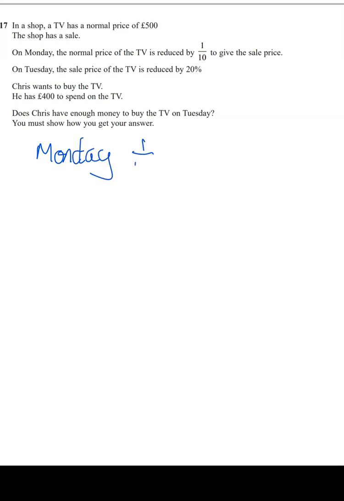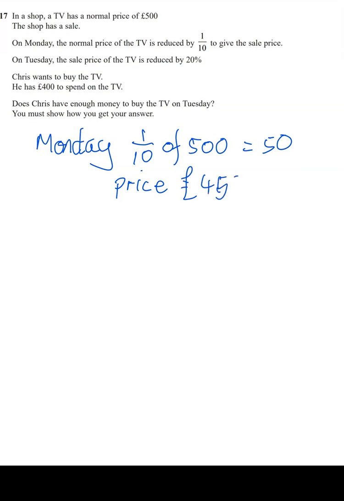So we need 1/10 of 500. Well, 1/10 of 500 is 50. So the actual price after the reduction would be 450 because I've taken my 10% off. Now Tuesday, we need to work out 20%.